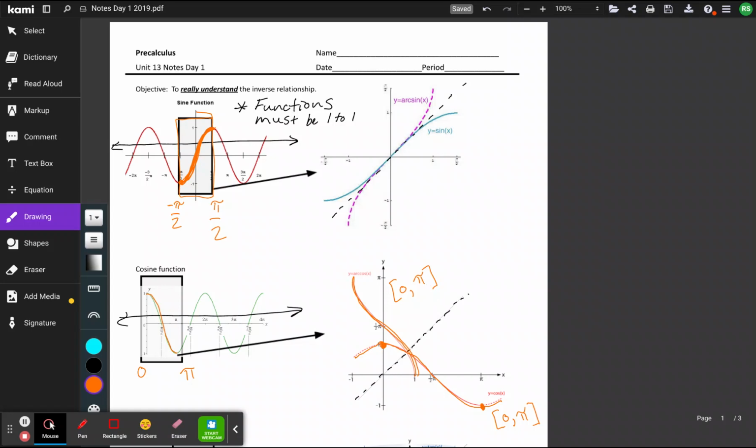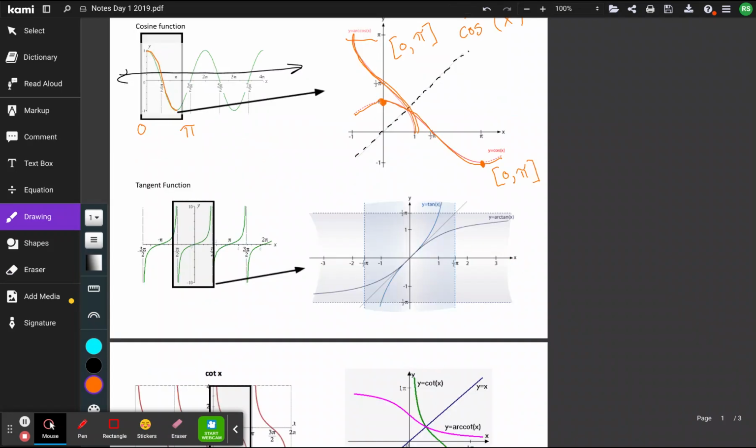So you'll see that we have arc sine, arc cosine. That's another way of saying the inverse of sine. Another common notation you'll see is sine inverse of x, and we'll use that -1 to provide the notation for the inverse. So rather than saying arc cosine, you might also see it as cosine inverse of x.